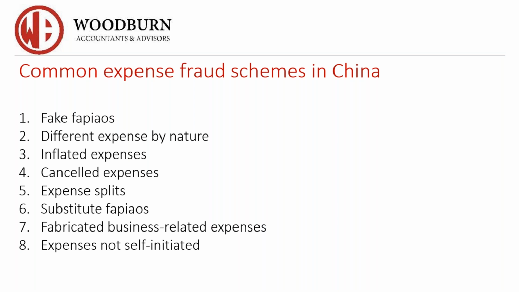A perfect example here, and this happens more than you'll realize, is that when you lease an apartment for personal use, or a house, usually the landlord will increase the rental amount if you want a genuine and valid Fapiao. If that's coming out of your pocket, but actually you want to use it as a deduction for your IIT, the company should verify that the Fapiao they're receiving is not fake.